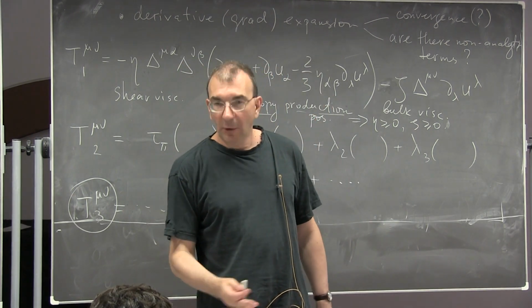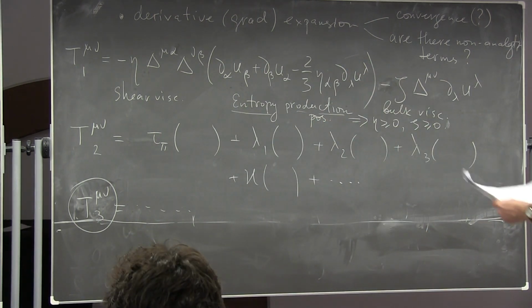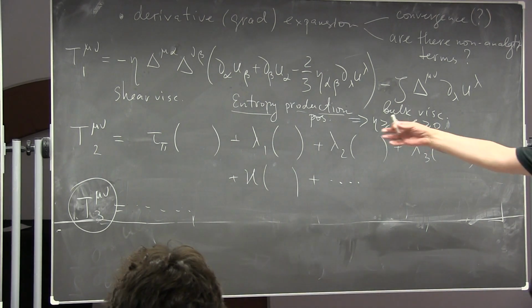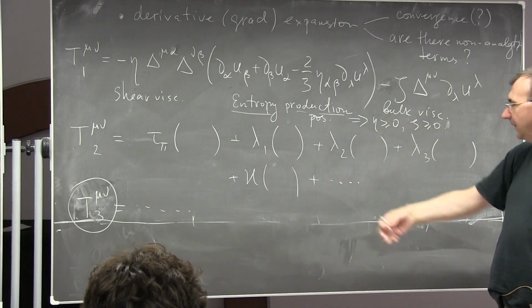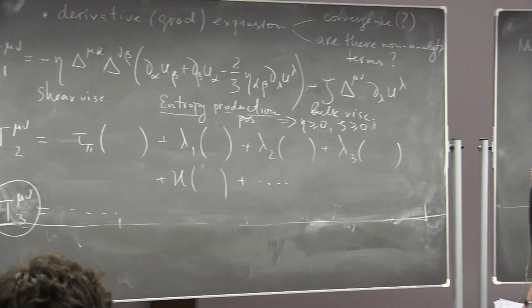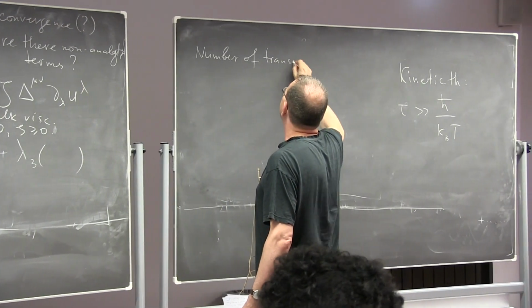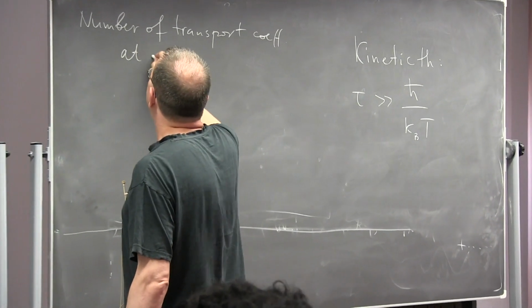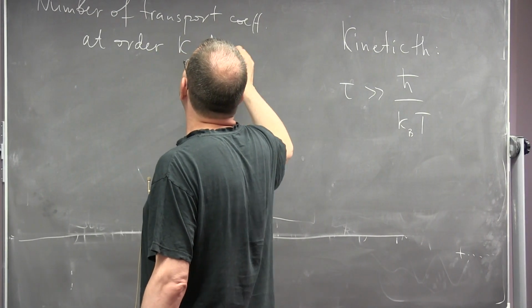And one open question is, can you actually estimate or compute how many transport coefficients will appear at order k, right? So, the number of transport coefficients at order k of the derivative expansion.